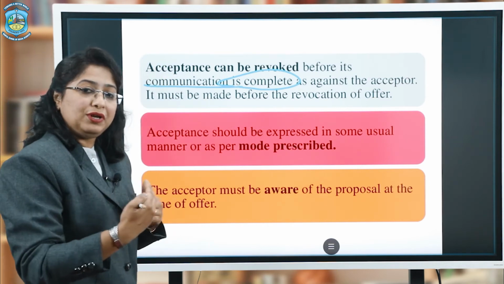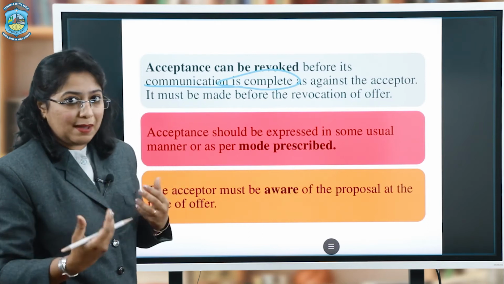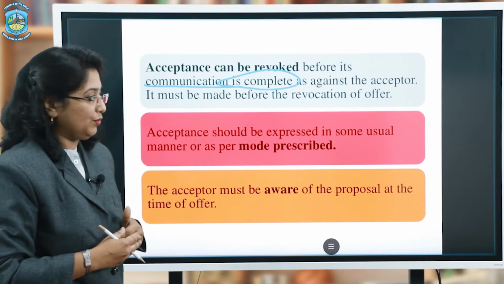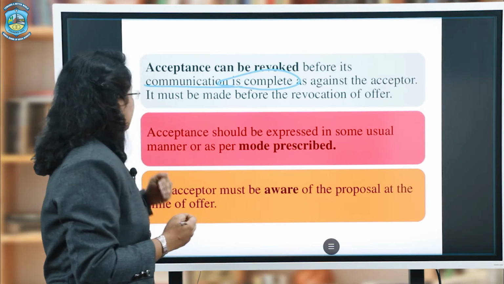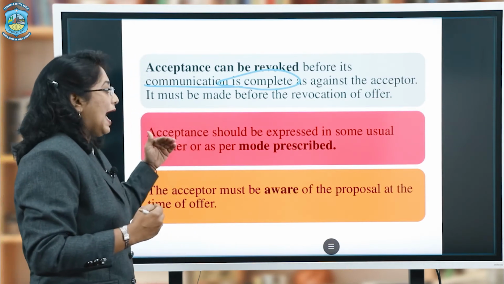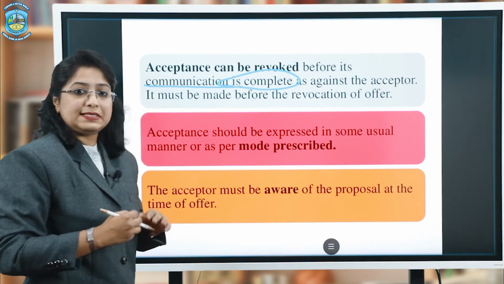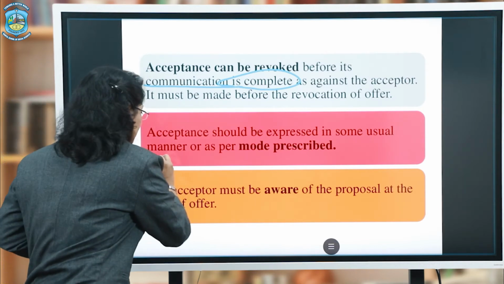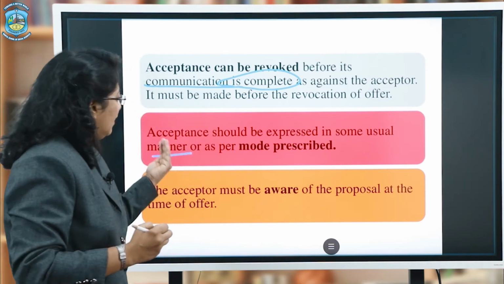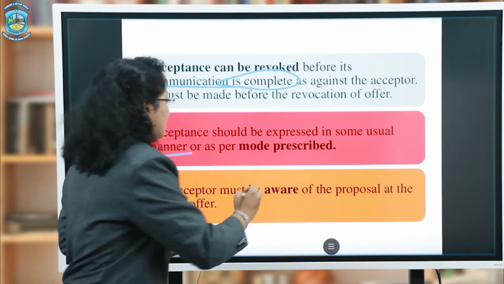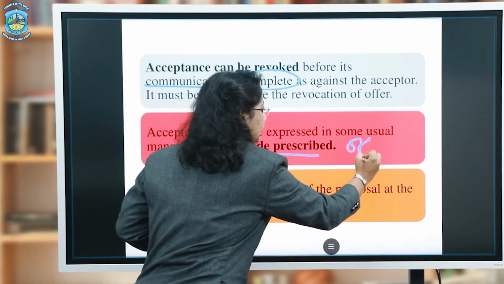So before communicating, if you are not happy with the offer, you can revoke it. The next essential says that acceptance should be expressed in some usual manner or as per the mode prescribed by the offerer.